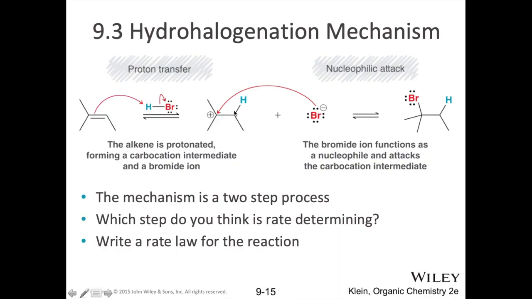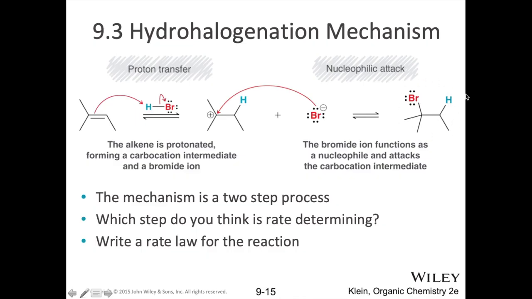So out of your two potential carbocations, you can see that this one is more stable. Now, of course, you've got this carbocation, and you've got this negative bromide, which is a good nucleophile. It does its nucleophilic attack on that carbocation and produces the product that we see.